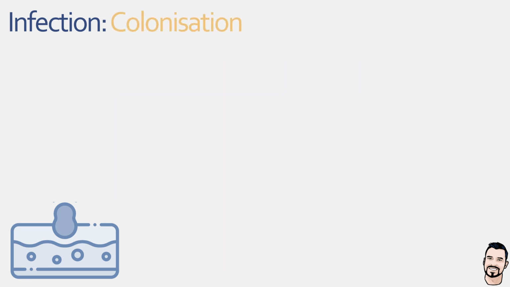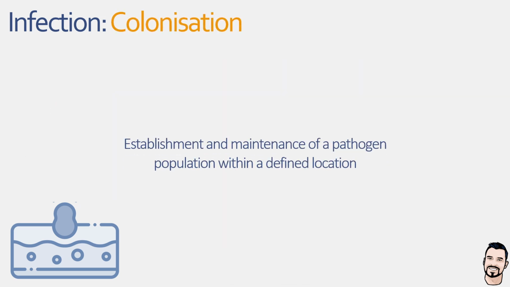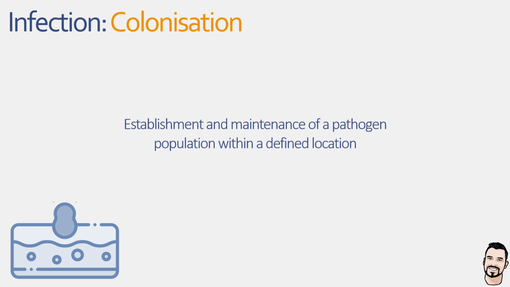Following on from adhesion, the next stage is colonization and invasion. This is where we get the establishment and maintenance of a pathogen at a specific location, allowing it to persist within a host. In some cases, this can be followed by invasion, where the pathogen penetrates tissues or spreads beyond the initial site of infection.